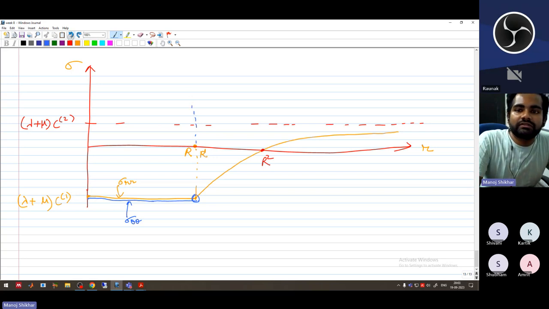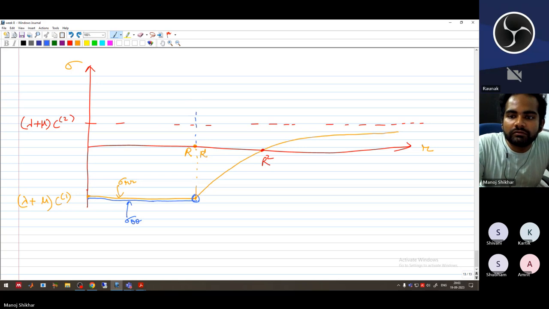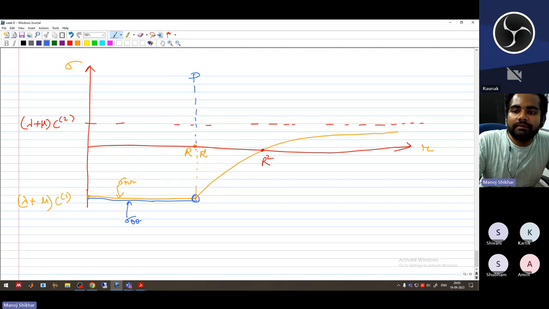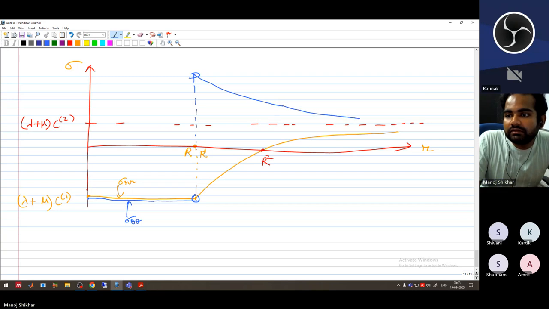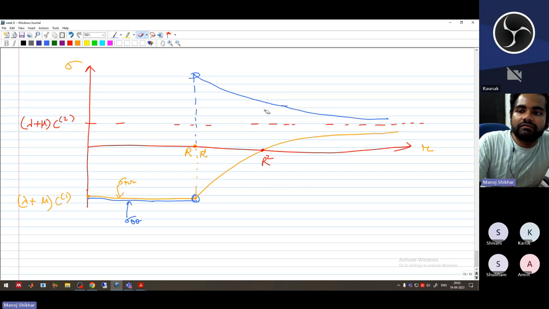This will be discontinuous. After capital R, we are plotting sigma theta theta 2, and this graph will also become asymptotic to a line, or rather a curve, at R equal to infinity. Sorry for the wording.